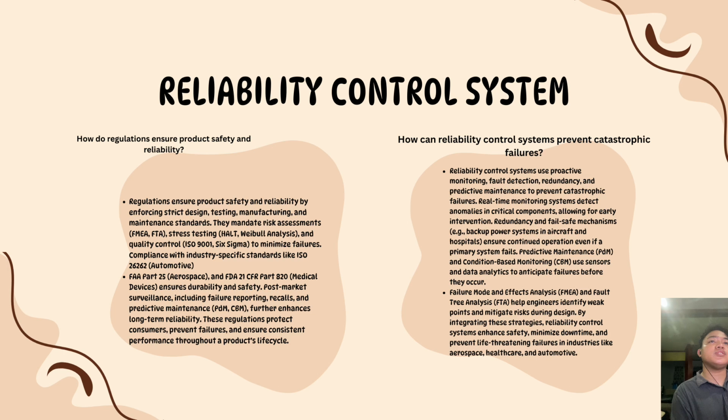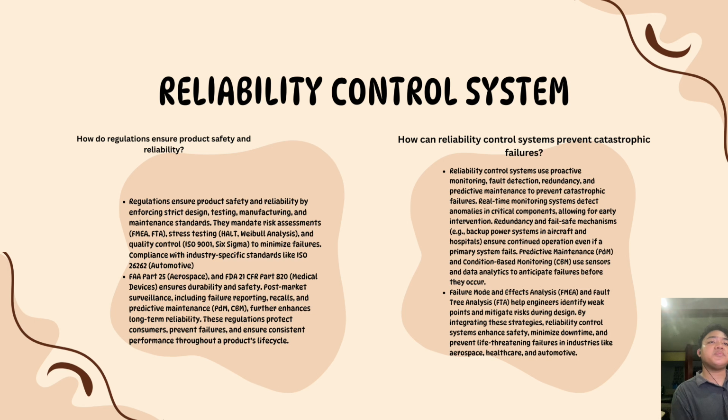How do regulations ensure product safety and reliability? Regulations ensure product safety and reliability by enforcing strict design, testing, manufacturing, and maintenance standards. They mandate risk assessment, stress testing, and quality control to minimize failures.